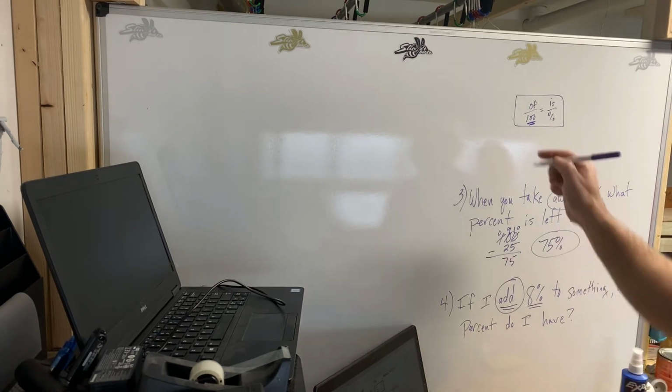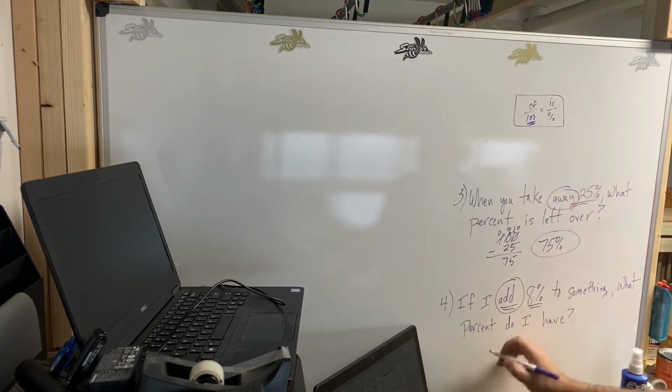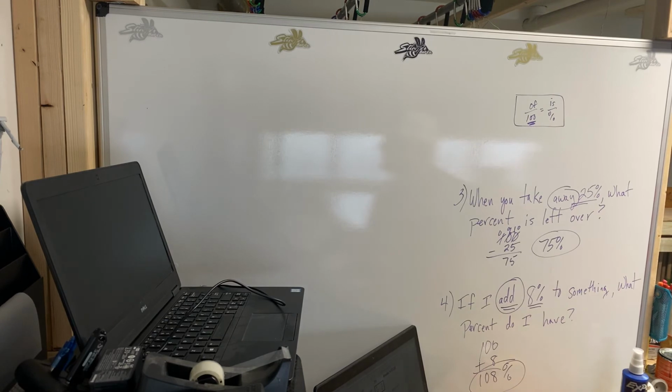So once again, like I said before in number 3, you always start out at 100. So if I have 100 of something, and I'm going to add 8, that means I'm going to get 8 here, 0, 1. So I'm left with 108%.